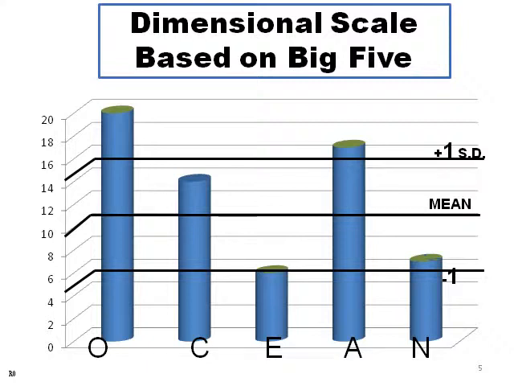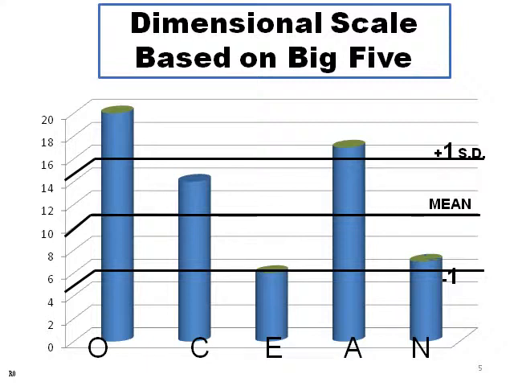So a topography of OCEAN would have had OCEAN across the x-axis, and up the y-axis there would have been some measure of amount, and there would have been a mean amount over the general population, or it might be a mean for specific subpopulations or different age groups or males versus females.